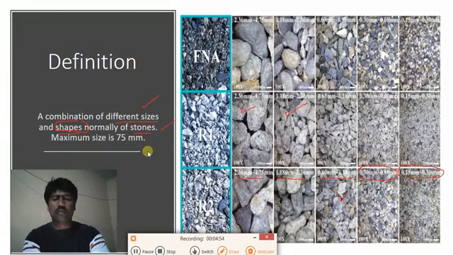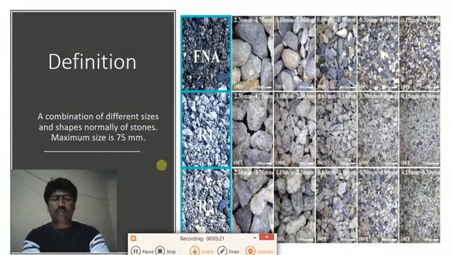In construction it is 75 mm. That is an aggregate of maximum size. You might be thinking there are aggregates which are greater than this, but these are not used for construction purposes, where 75 mm could be the maximum value. So this is about different sizes of the aggregates.